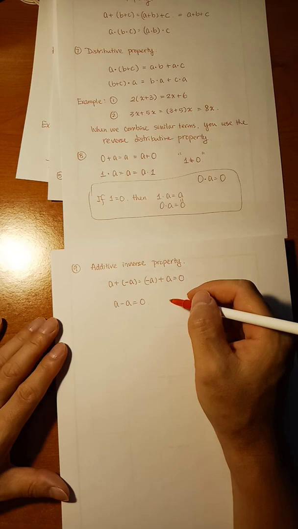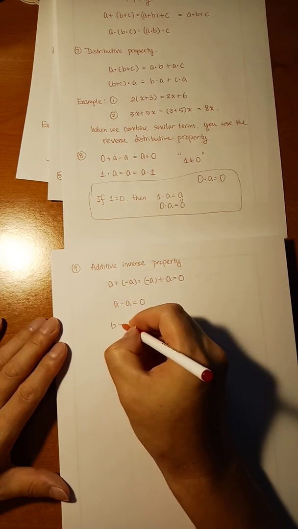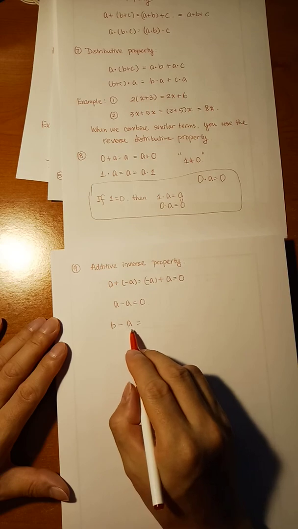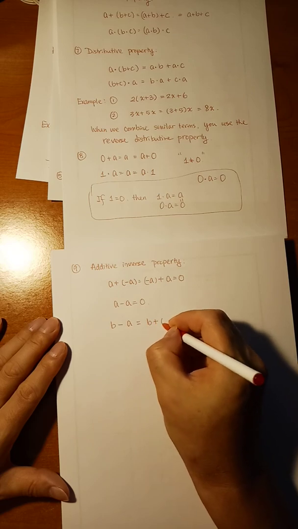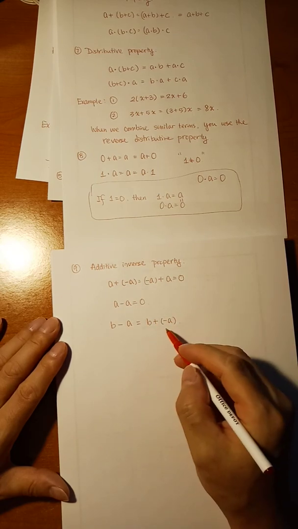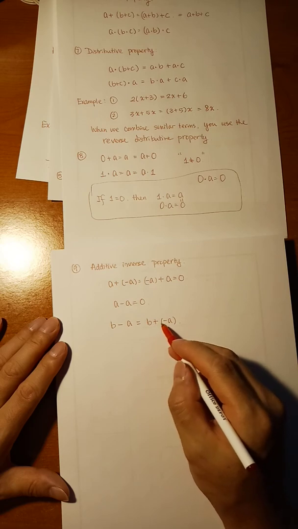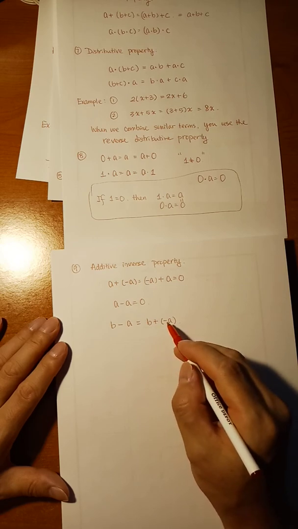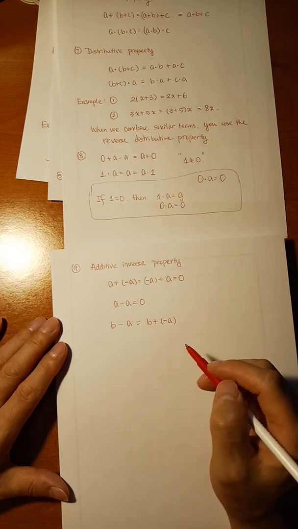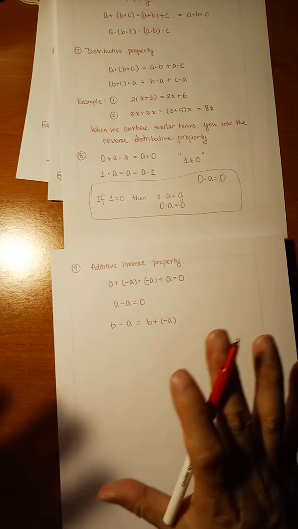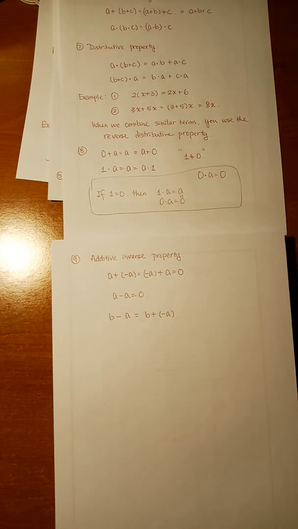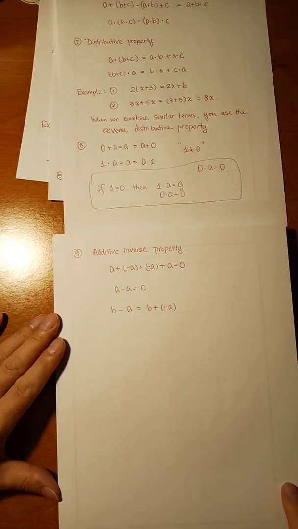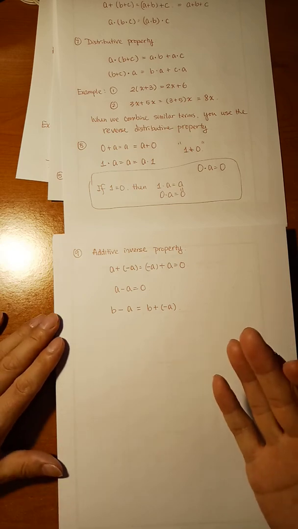And for any expression B minus A, if you have a subtraction, you can always write it as an addition, but you add the additive inverse to B. Correct? You can always change everything to addition, but sometimes the second number should be the additive inverse. And for the additive inverse, you always put a negative sign.